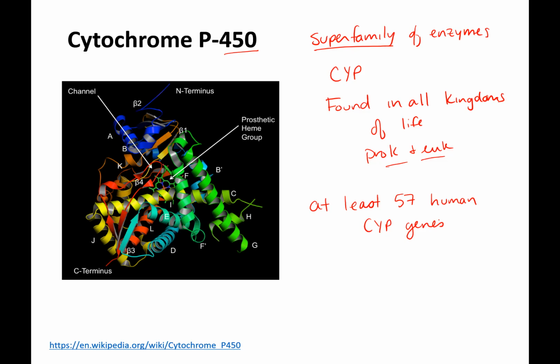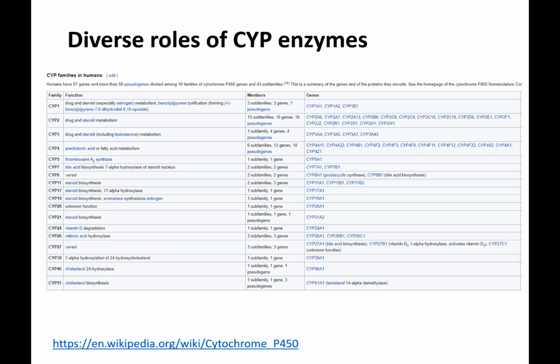And then I'm going to show you in a little bit, you can have lots of different alleles for those. So this chart I know is small, but it's just to illustrate to you that CYP enzymes have a diverse set of roles. So they're important in biosynthesis, making things, as well as metabolism, which usually means breaking things down.